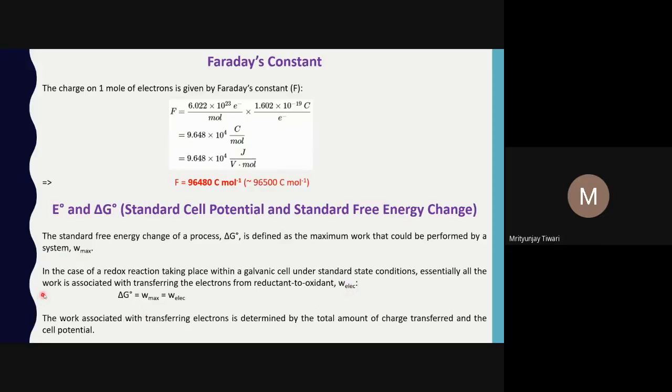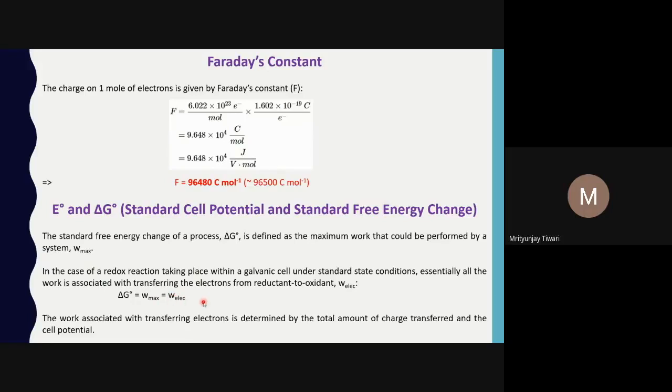So in the case of redox reactions taking place within a galvanic cell under standard conditions, essentially all the work is associated with transferring electrons from the reductant to the oxidant. So we can write delta G naught as W max, the maximum work that can be performed under the standard state, which will be equal to W electric.